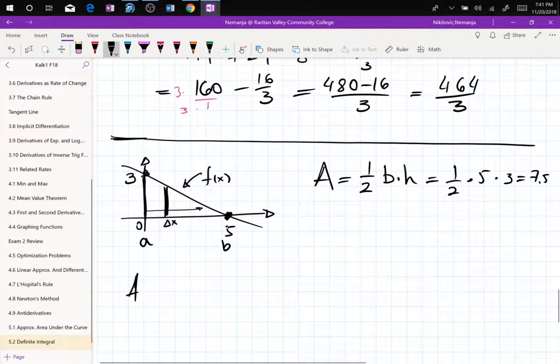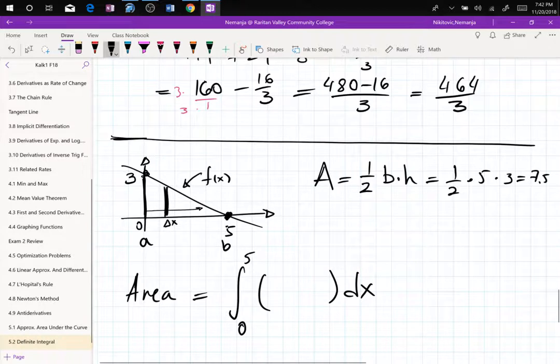So area is going to be given by the integral from 0 to 5. And now I need a function here, dx. Now what's the function? Well, it's the linear line, right? And the linear line has what? Slope m, which is 3 down and 5 over, so it's negative. And it has y-intercept at 3.